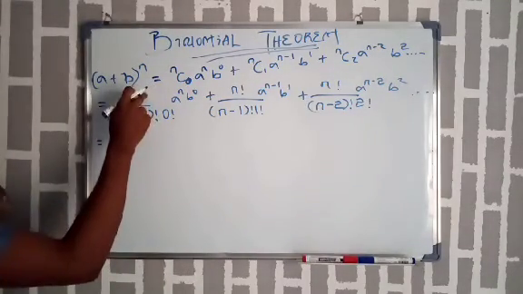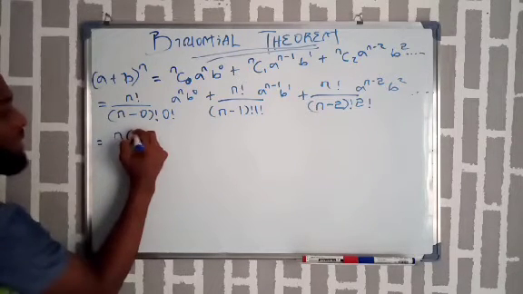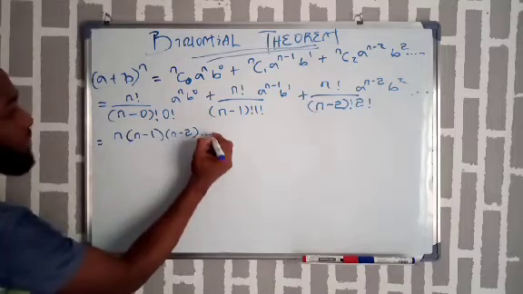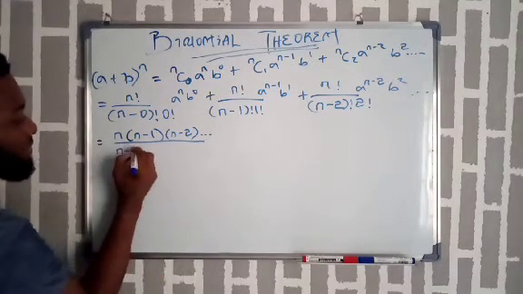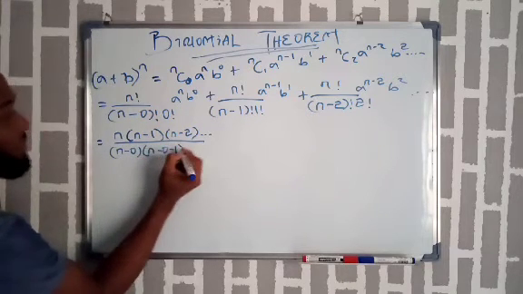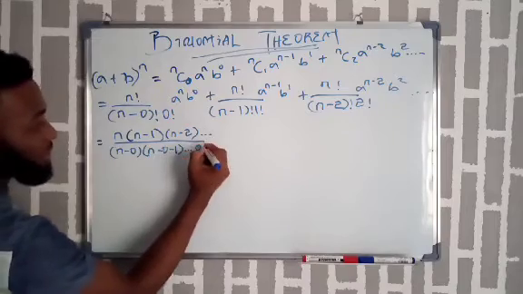To expand factorials, like I taught you minutes ago, it becomes n multiplying n minus 1, n minus 2, and so on and so forth. Then n minus 0 multiplying n minus 0 minus 1, and so on and so forth, 0 factorial.